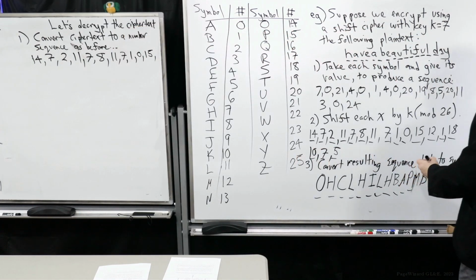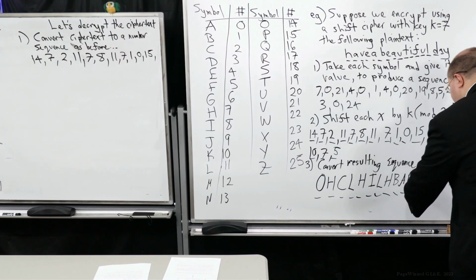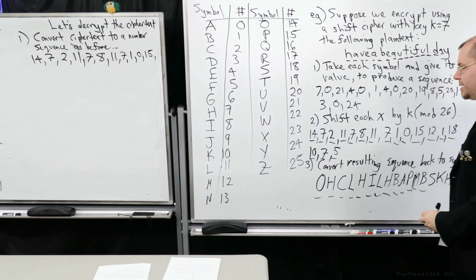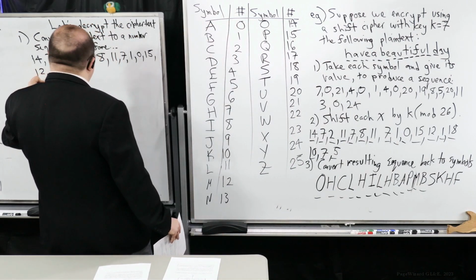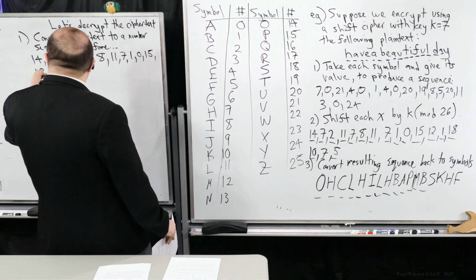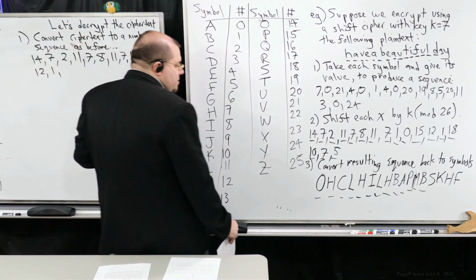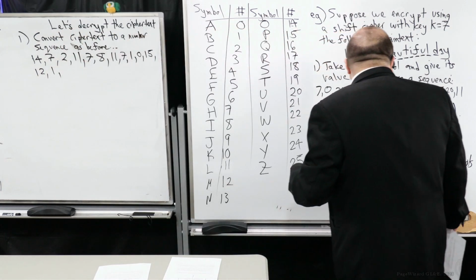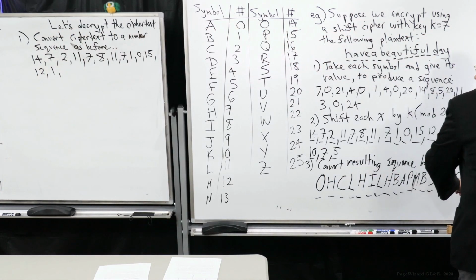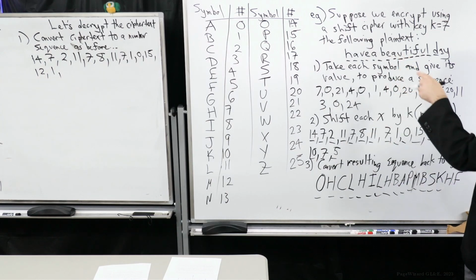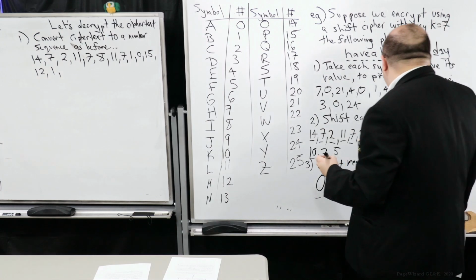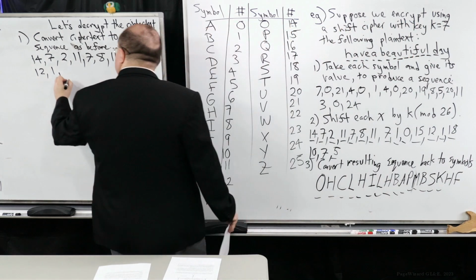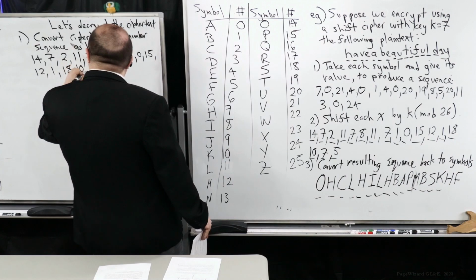Then I have M. M is 12. B is 1. Then I have S and then K. S is 18. K is 10. So we got 18, 10.